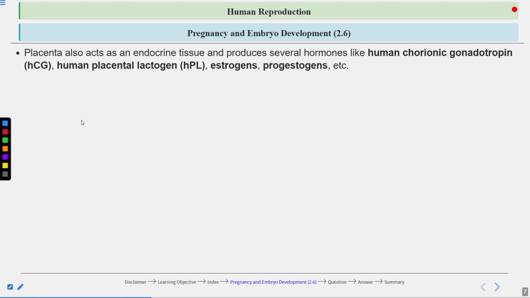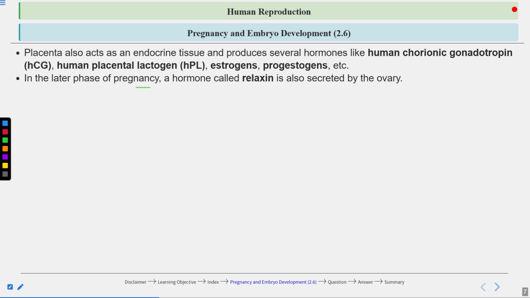Now, the placenta also acts as an endocrine tissue and produces several hormones like human chorionic gonadotropin, human placental lactogen, estrogens, progesterone, etc. Endocrine tissues or endocrine glands can produce hormones. The placenta produces hormones like HCG, HPL, estrogen as well as progesterone. We'll talk about the function of these hormones as well.